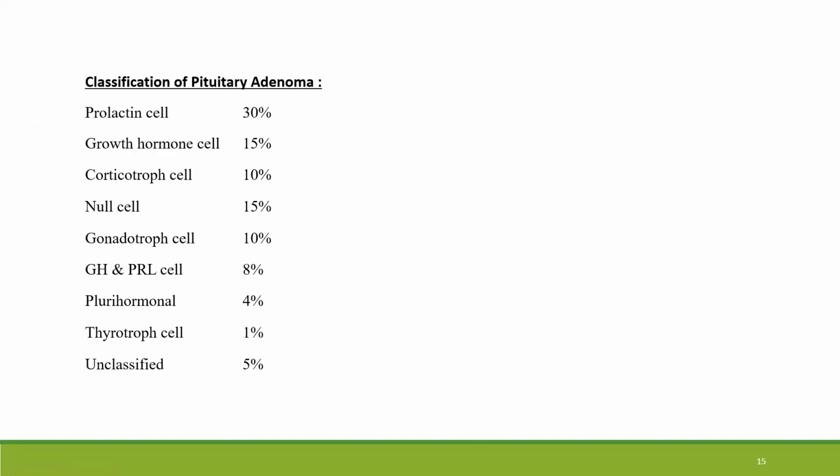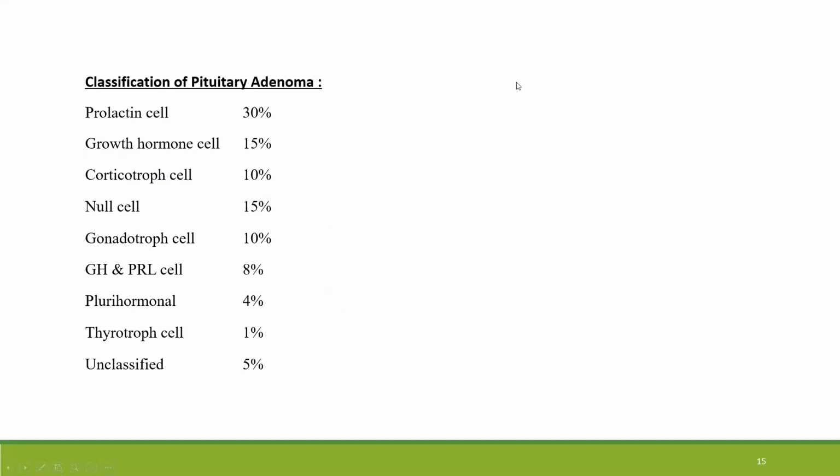Classification of pituitary adenoma, just remember the most common one. The most common adenoma is actually the prolactin cell adenoma. We have the growth hormone adenoma and the null cell adenoma, or the one that is not producing any hormone. The one that you need to remember also, the least common, is the thyrotrophic cell adenoma.